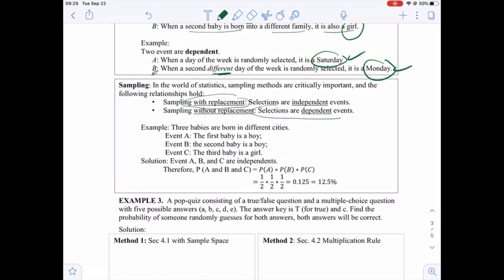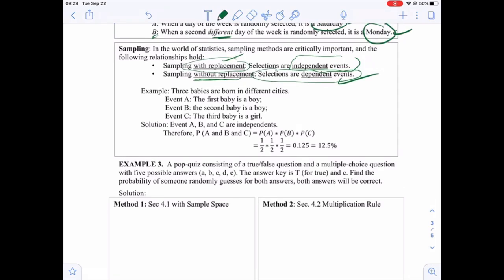That means selections are dependent in this case. So if the sampling happens with replacement, then the selections are independent, and if the sampling happens without replacement, then selections are dependent.